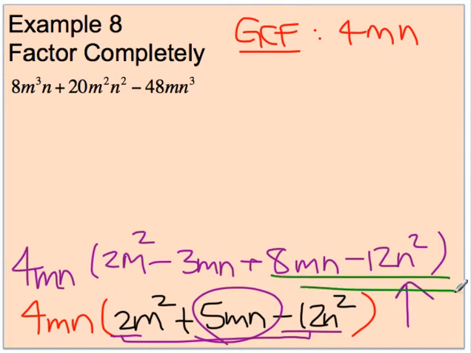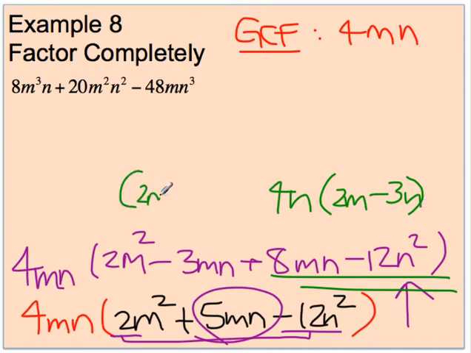These back two pieces, they share a 4 and they share an n. So we're going to factor out a 4n and determine what's left over. Well, it looks like we're going to have 2m in the front, and in the back we're going to have minus 3n. So remember, we have to use that same thing in the front.